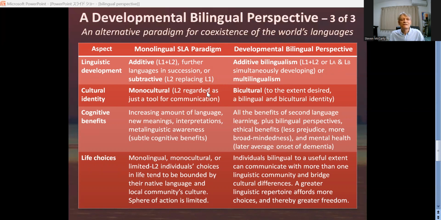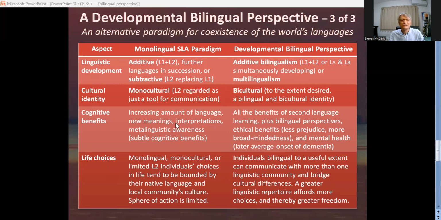And then regarding cultural identity, the monolingual paradigm has a monocultural identity, with the L2 regarded as just a tool for communication. Whereas in the bilingual view, it is a bicultural identity, so to the extent desired, a bilingual and bicultural identity.